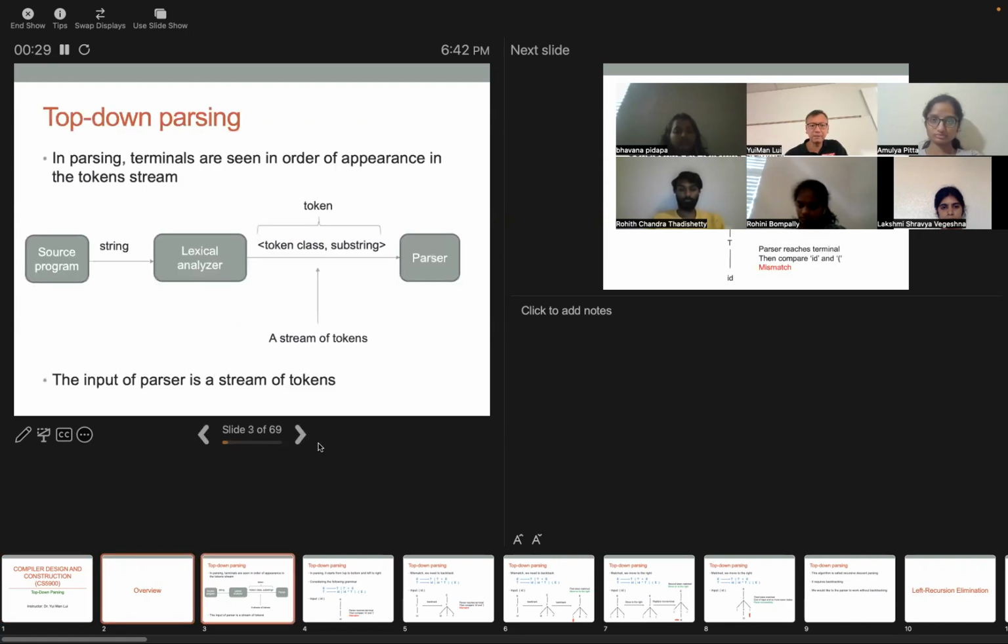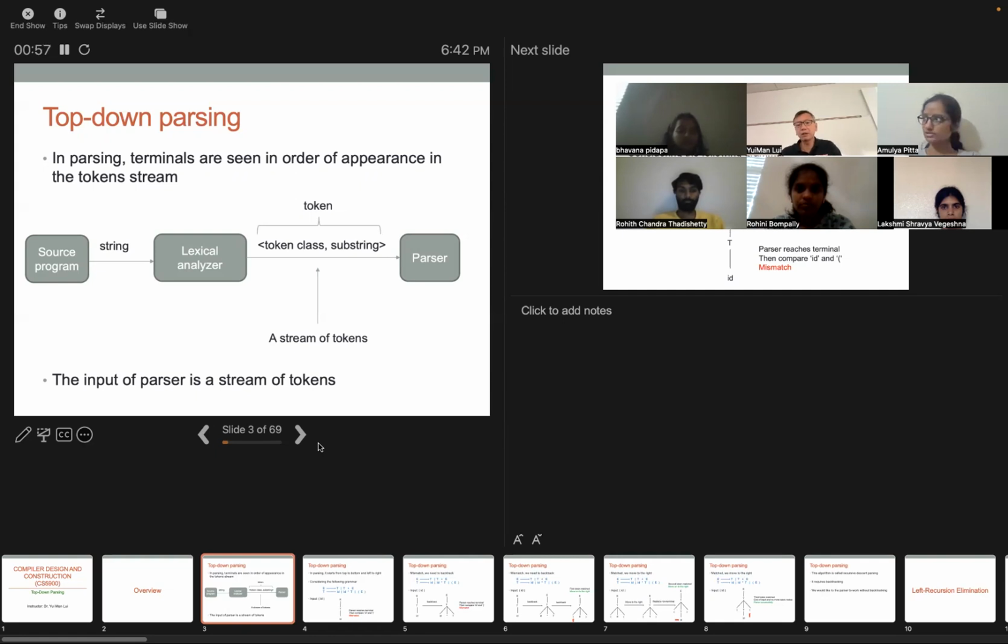So let's recap. In the lexical analyzer, we convert a stream of characters to a stream of tokens. Unwanted information, for example comments, tabs, spaces, and newlines, is removed.